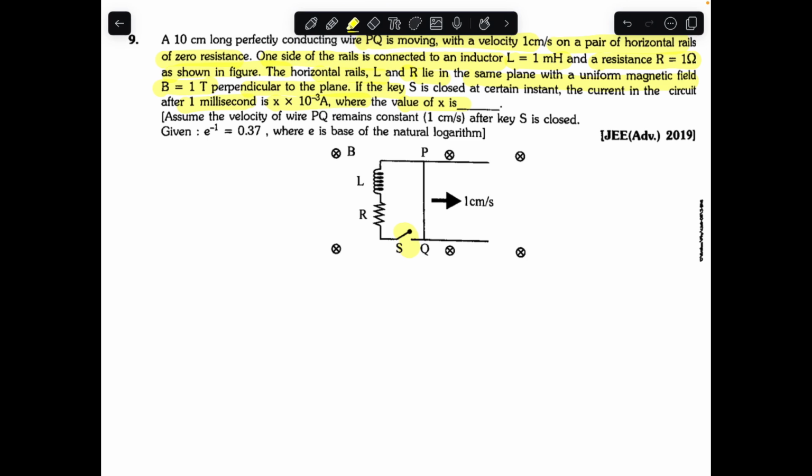Here you can see the velocity is constant. Assume the velocity of wire PQ remains constant. Very important. So I'm applying some external force, otherwise it will decrease, you know that.